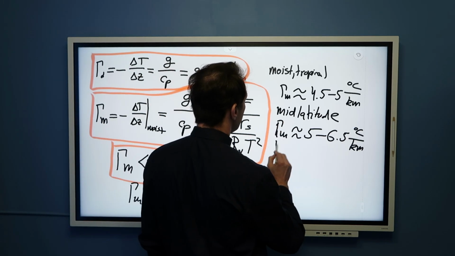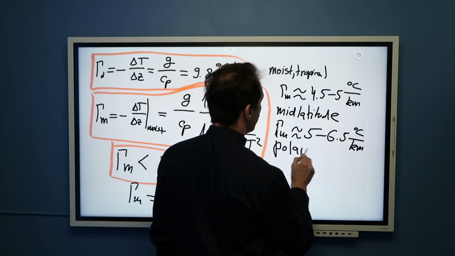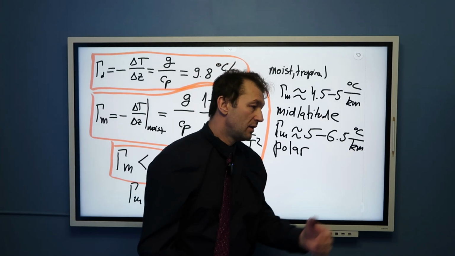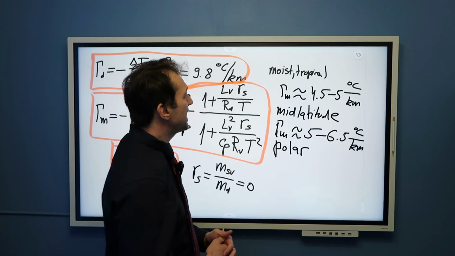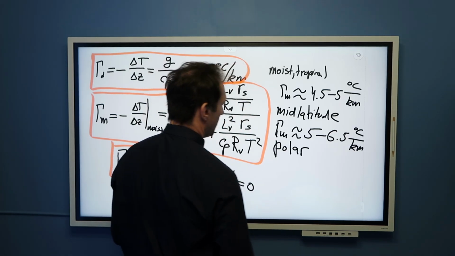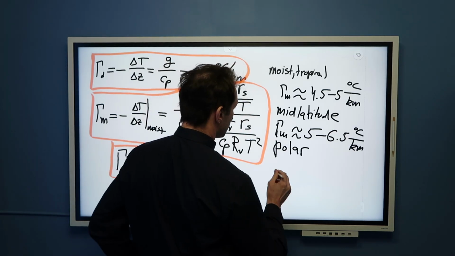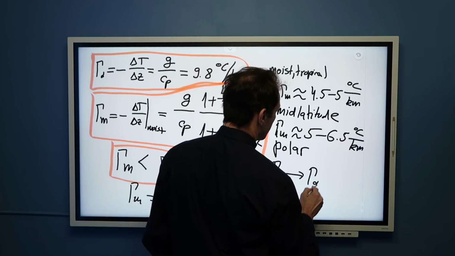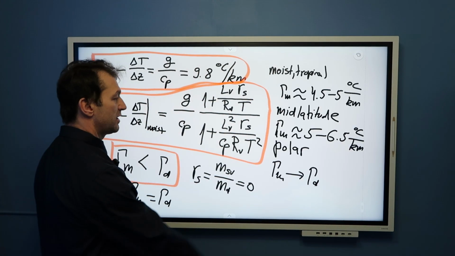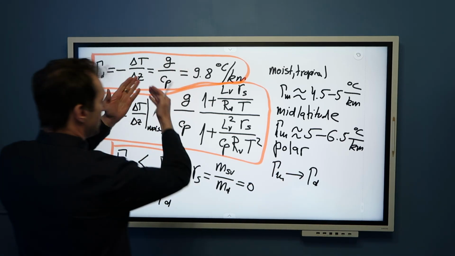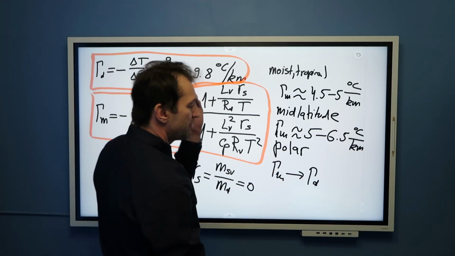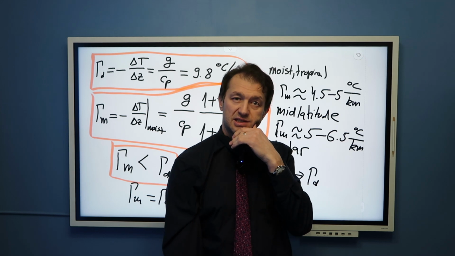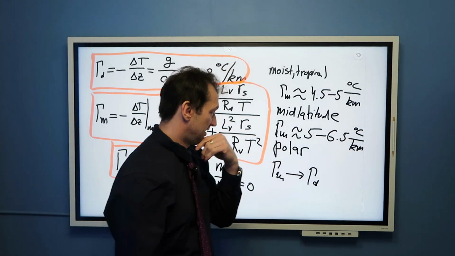And if you go to polar, very cold air that can contain much less water vapor than mid-latitude and moist air, then gamma m really approaches gamma d because there is very little water vapor. In that case, gamma m is almost 9.8, maybe 9 degrees Celsius per kilometer.